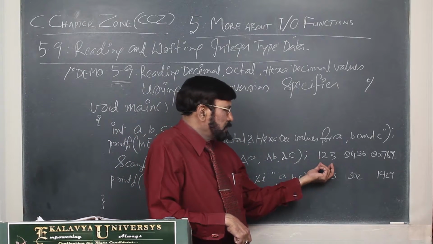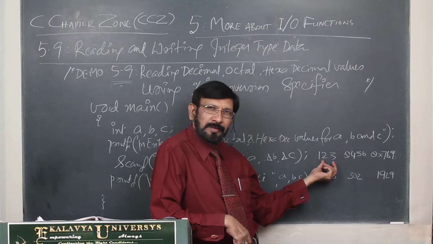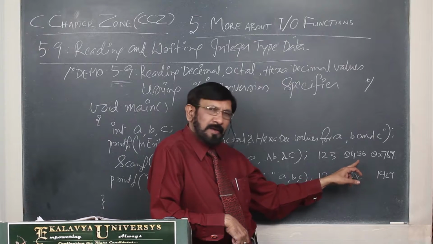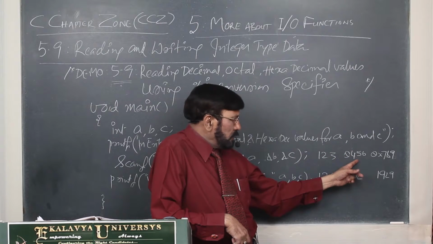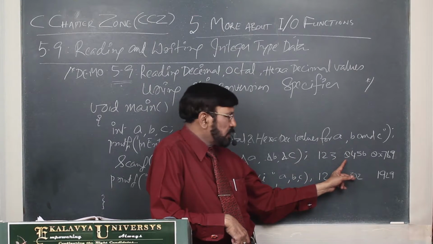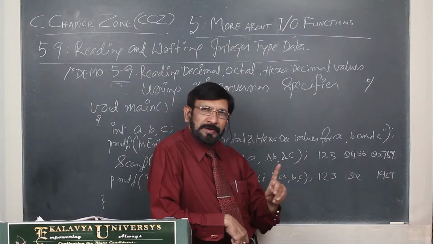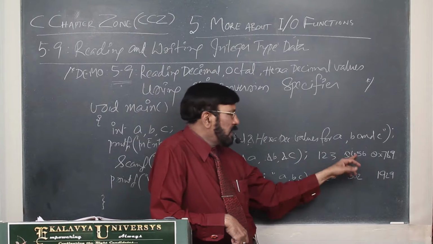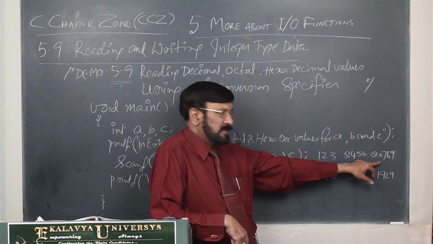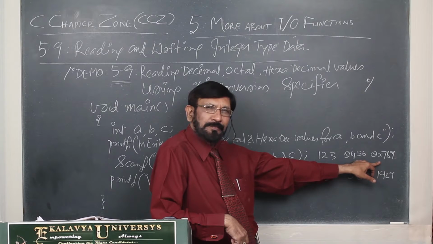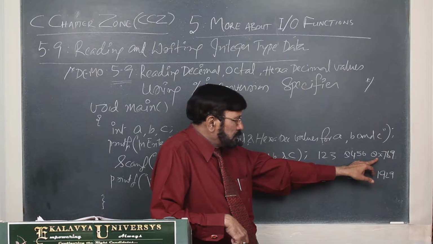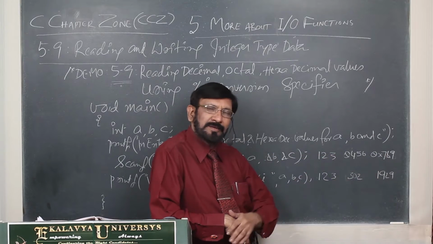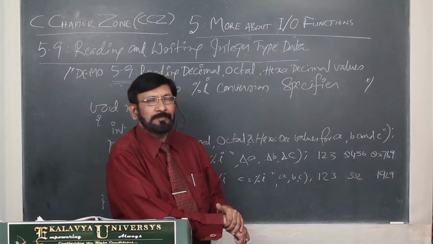Suppose you see the input value, this is a decimal value. In the regular format, if I want to give an octal value, then I give the 0 prefix. If I don't put this 0 prefix, it will be treated as a decimal value only. Third one, hexadecimal. Hexadecimal means I prefix 0x. Otherwise, 789 will be treated as a decimal value.